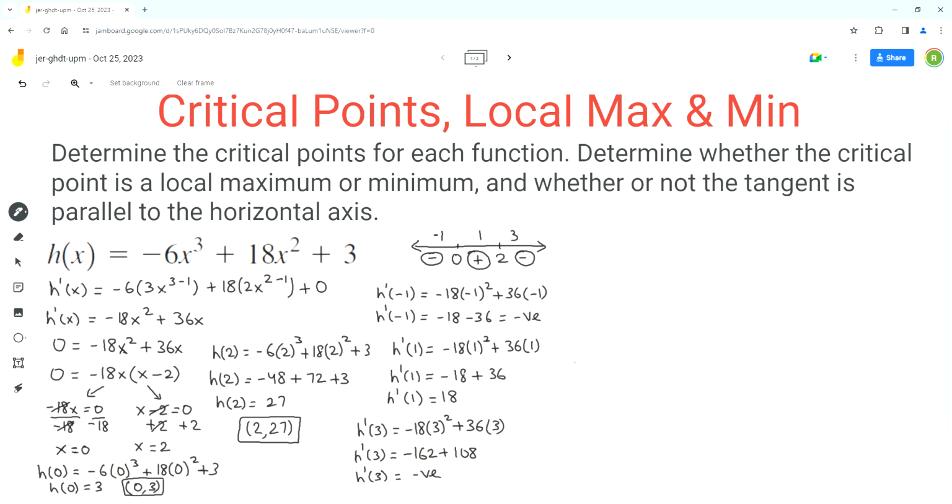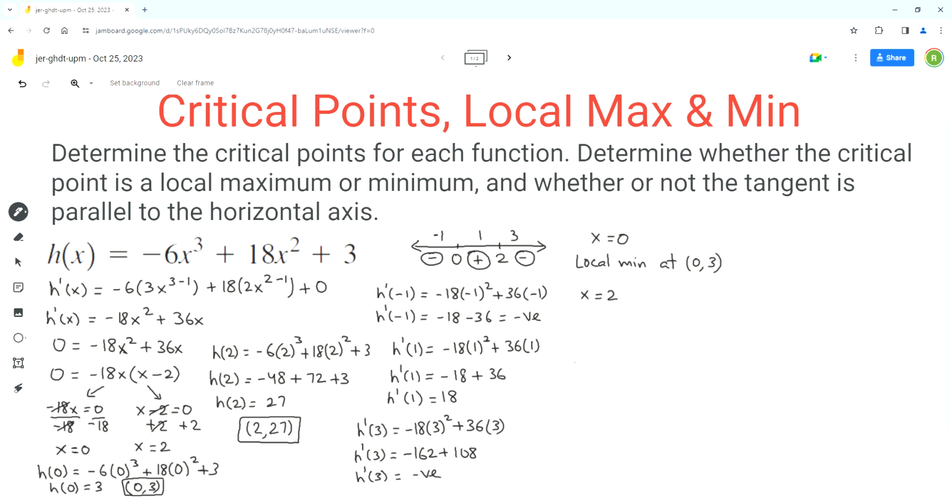So now we can analyze these results. For the first critical number x equals 0, the function is decreasing on the left side of 0 and increasing on the right side of 0. That means there is a local minimum at the critical point (0, 3). Now we can analyze the other critical number x equals 2.